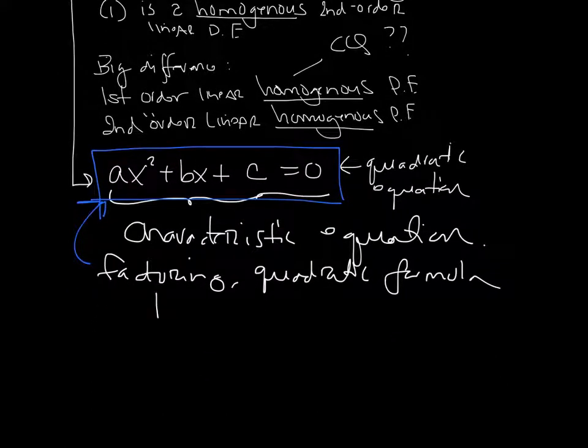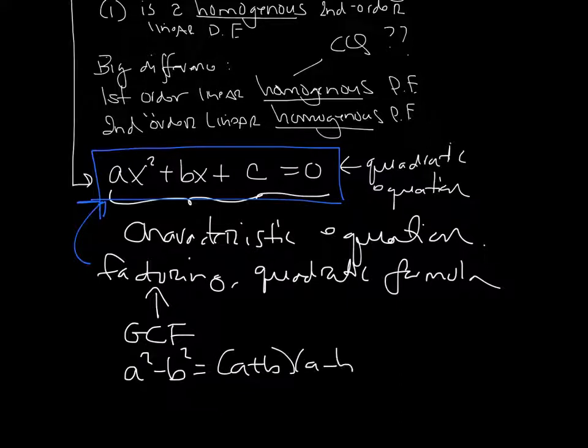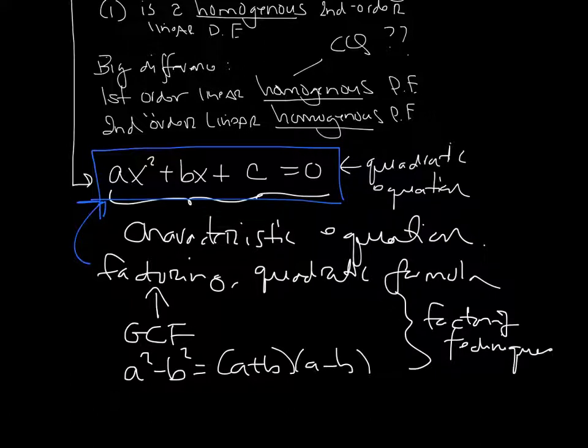We've been talking about factoring out a GCF, a greatest common factor, that was on your test. With the partial fraction decomposition, there's a reason why I put that problem on there. We have a squared minus b squared, the difference of two squares. So you want to use your factoring techniques in this section to help you find the general solution of these differential equations.